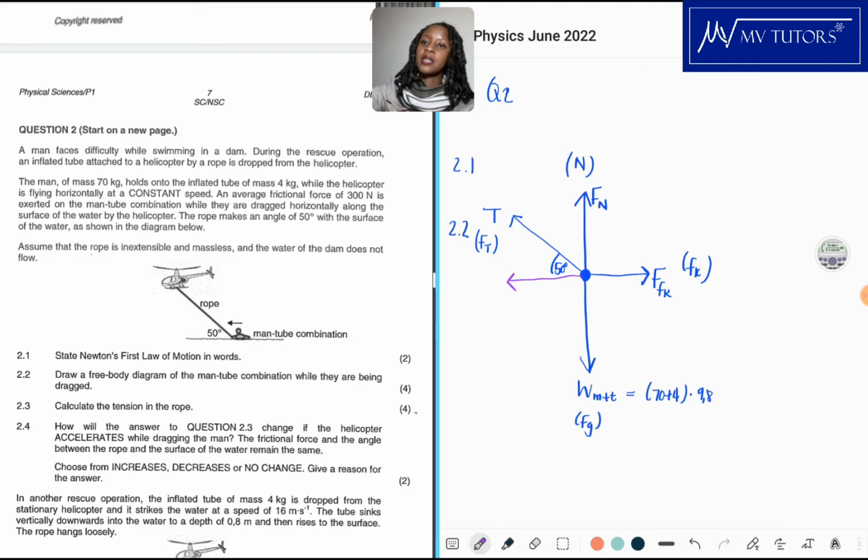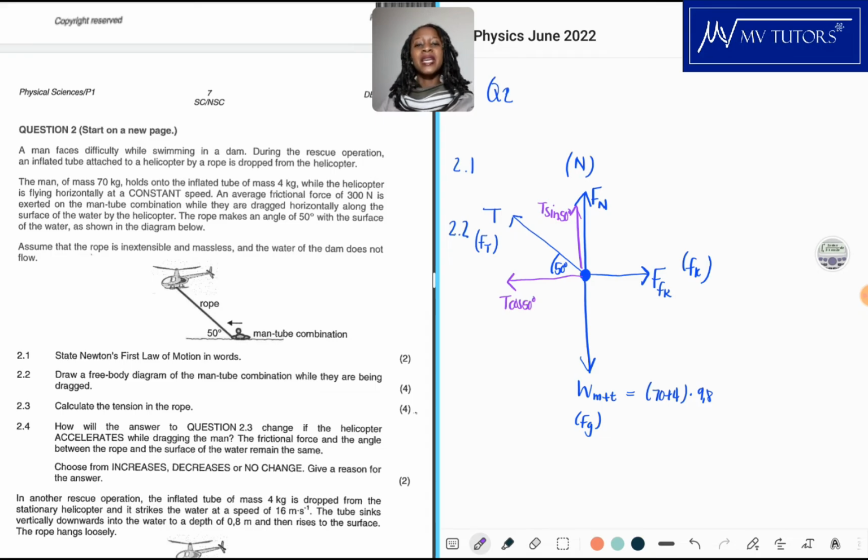This is just me adding extra information, but this would be T cos 50 because the angle is adjacent to the arrow. And you'd also have another force here, T sine 50 degrees.